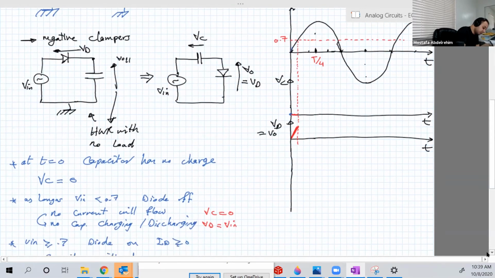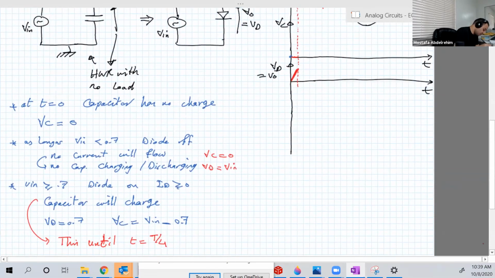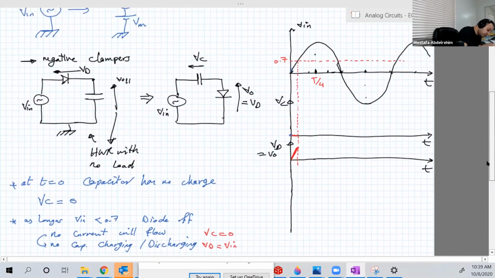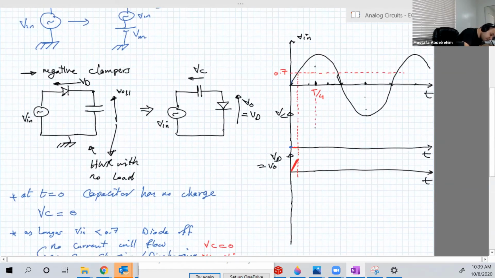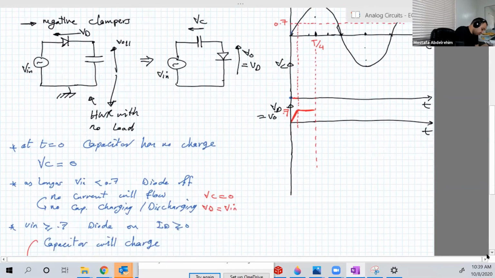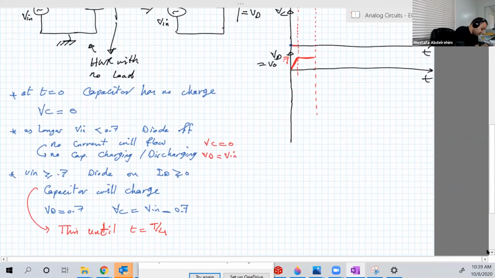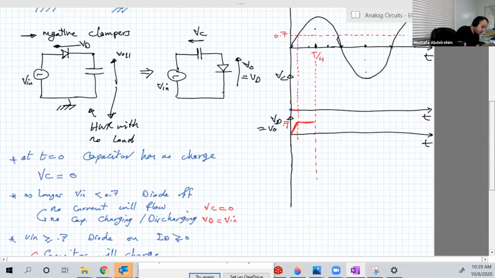Then when V input is greater than 0.7, VD is constant, equal to 0.7, until this point here. And VC will be equal to V input minus 0.7.